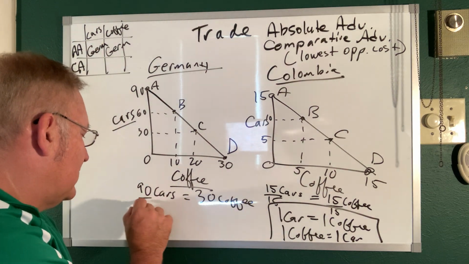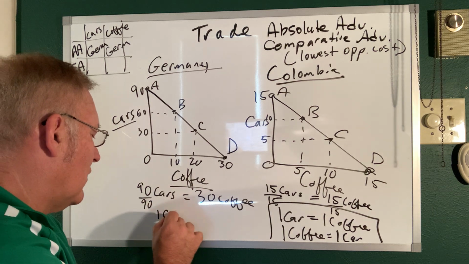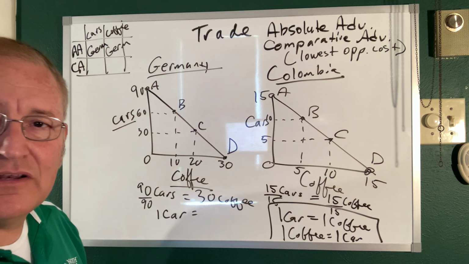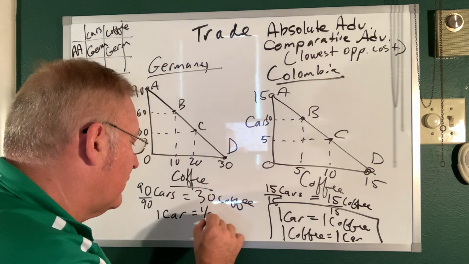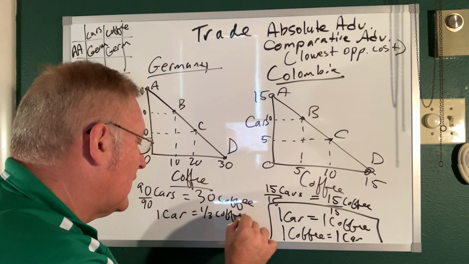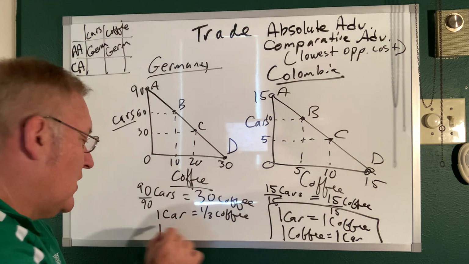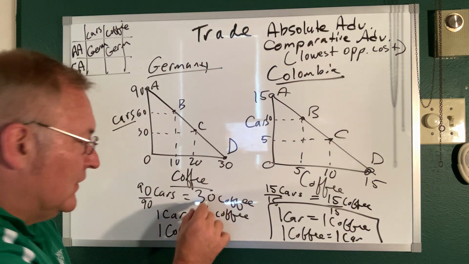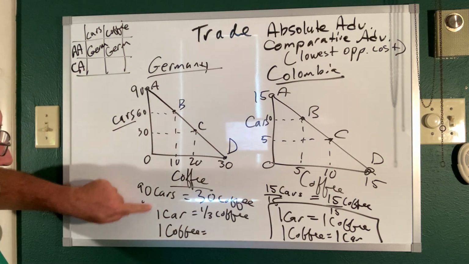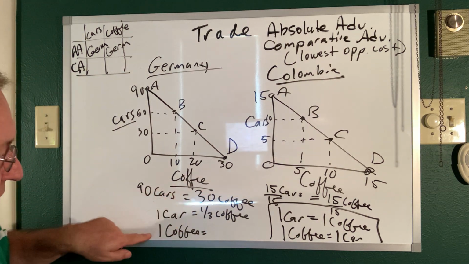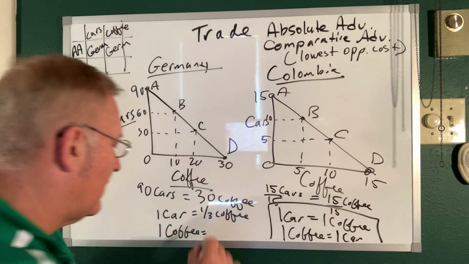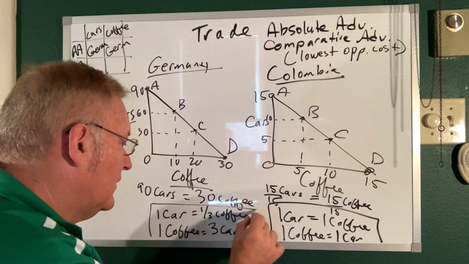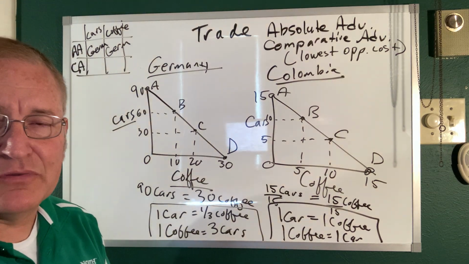Now to reduce it down, for one car, 90 divided by 90 is 1, and 30 divided by 90 is what? 1/3 of coffee. And then for one coffee, I divide by 30 to get 1. 30 divided by 30 is 1, and 90 divided by 30 is 3 cars. So that becomes Germany's opportunity cost.